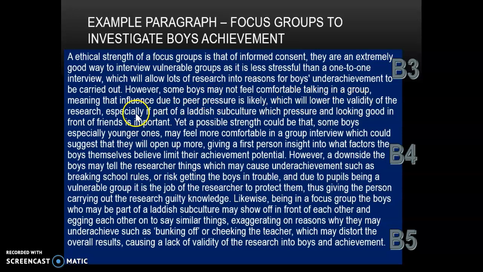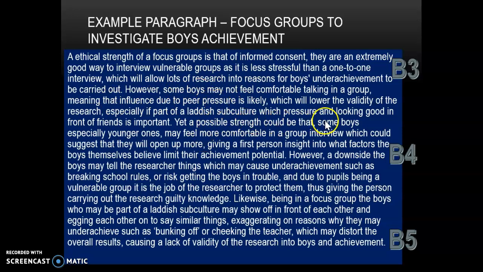This will lower the validity because if they're part of a larger subculture, which pressure and looking good in front of friends is important, there might be a bit of an influence there, okay? Now it's quite generic. We've got no link to boys' underachievement or boys' achievement, but we've got a bit of context and we've got a link to the method a little bit as well, okay, peer pressure.